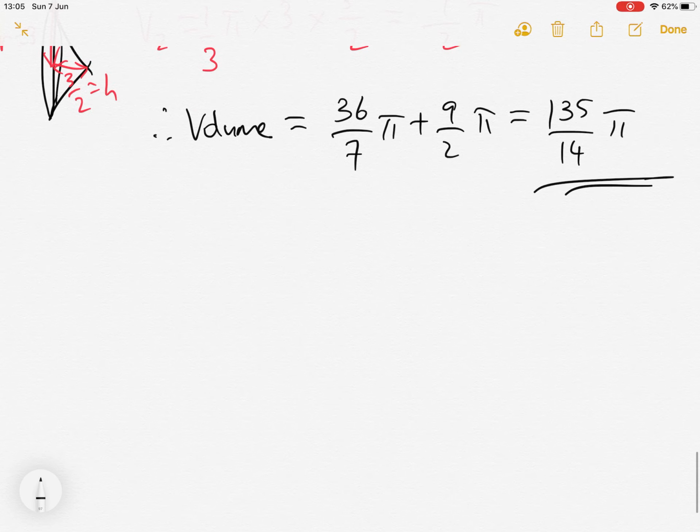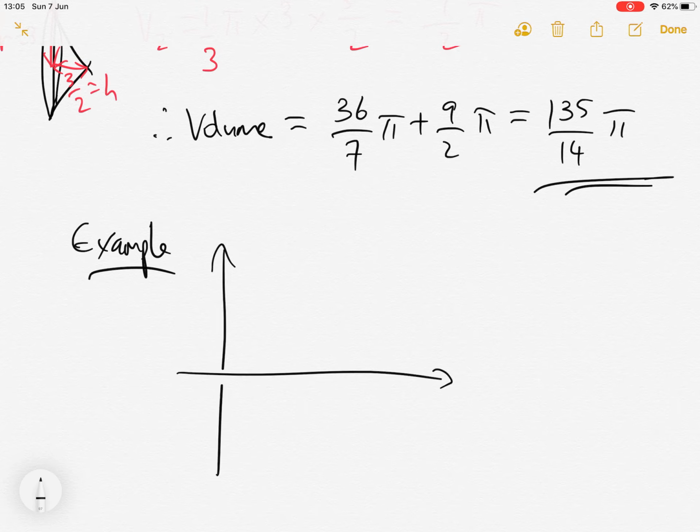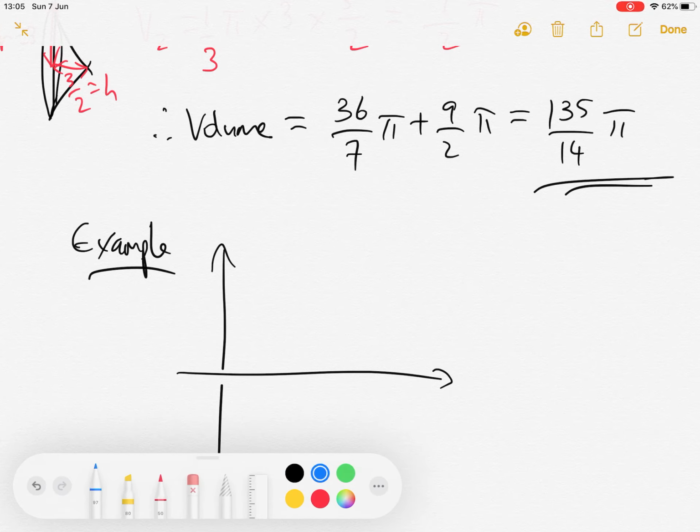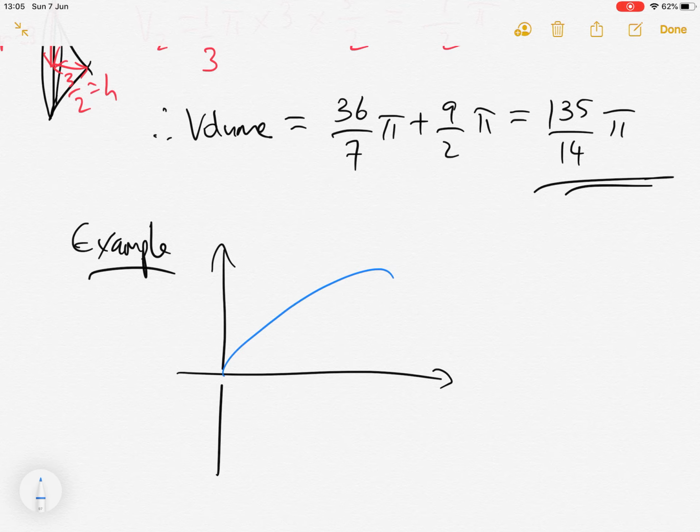Okay, and we'll just do a second example. So if we consider the region given in this diagram, if I draw in different colors, we've got a curve like this, not quite like that.